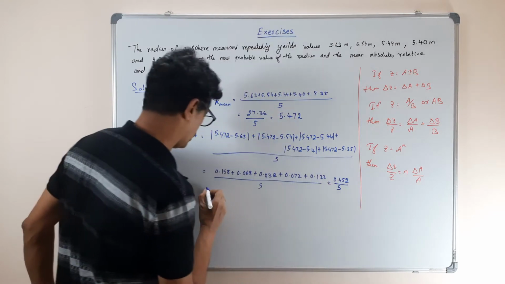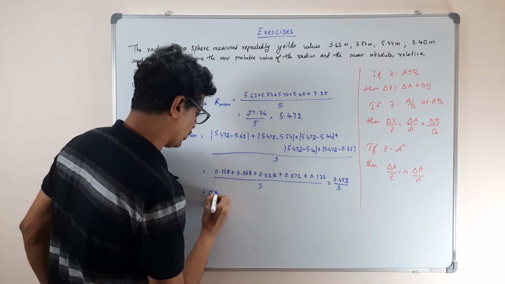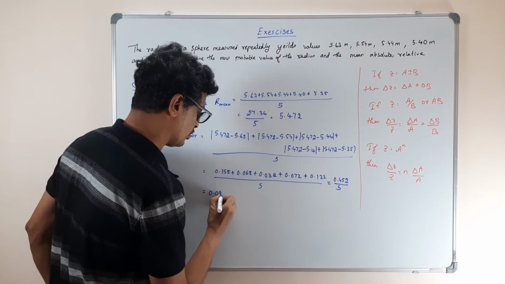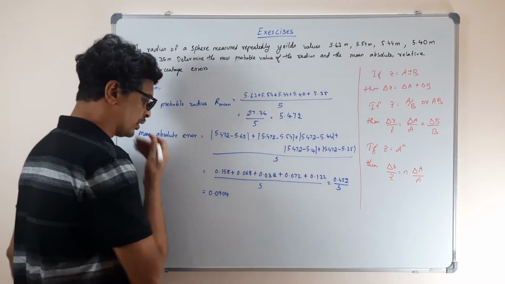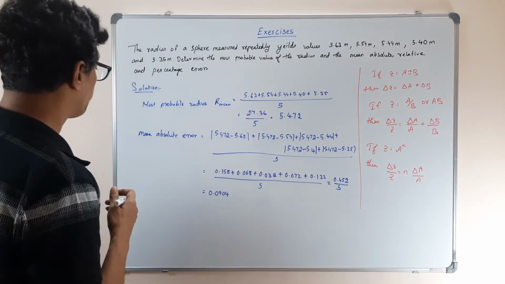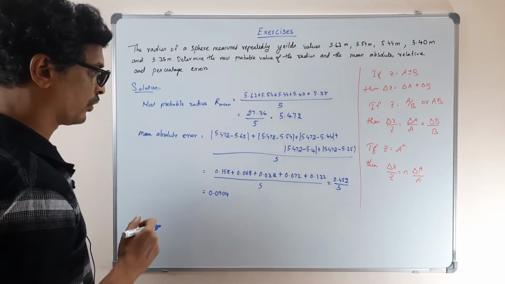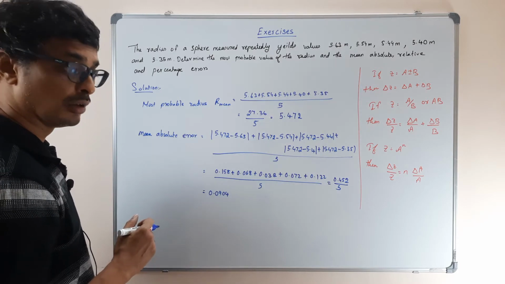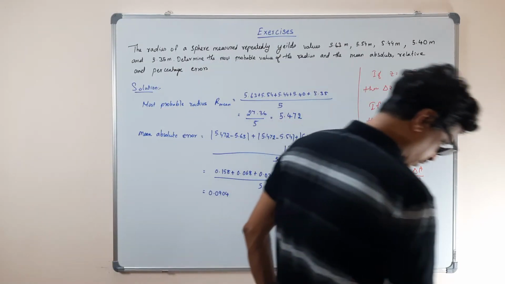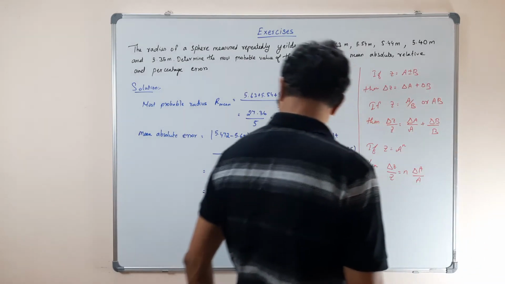So 0.0904. Okay, so that will be the error in the probable radius. Pardon? Is it correct? Must be. This must be correct. Yeah, 0.0904.